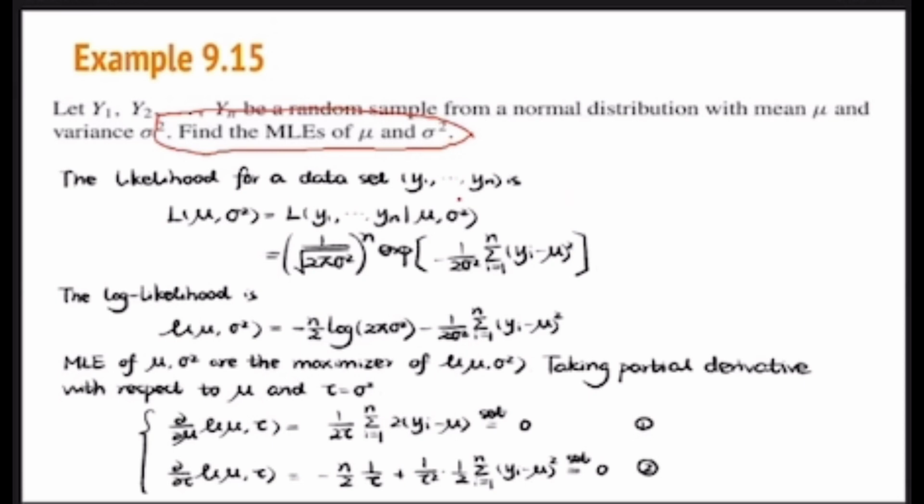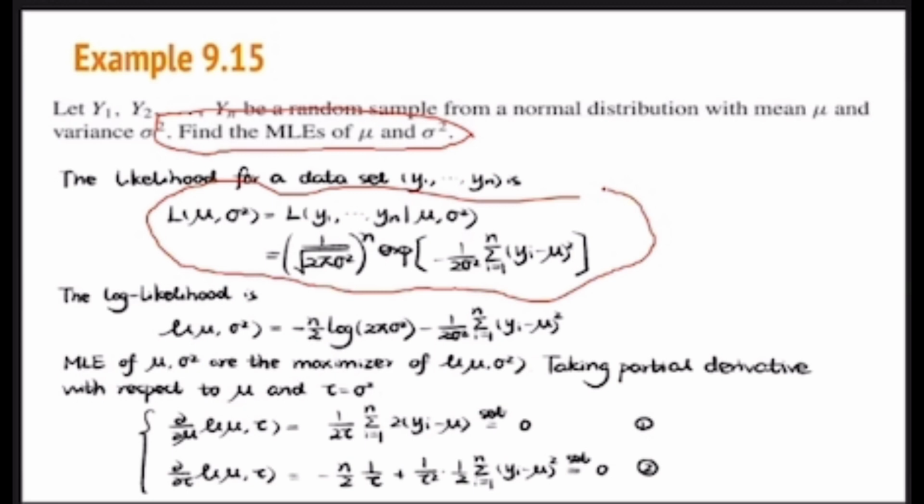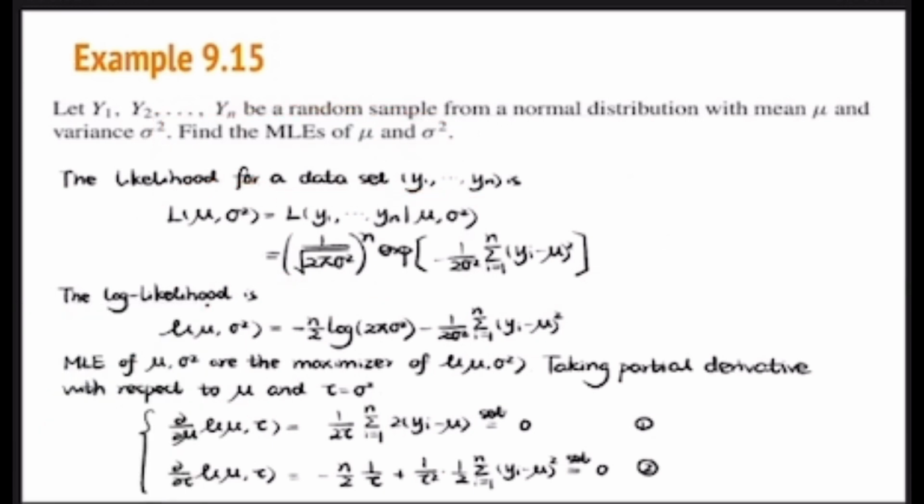The very first thing we're going to do, because we're dealing with the normal distribution, we need to get the likelihood function. After getting the likelihood function, what is the next step? Take the log of the likelihood. Don't forget, write it down. Take the log of the likelihood. When I take the log of the likelihood, this is what I have.